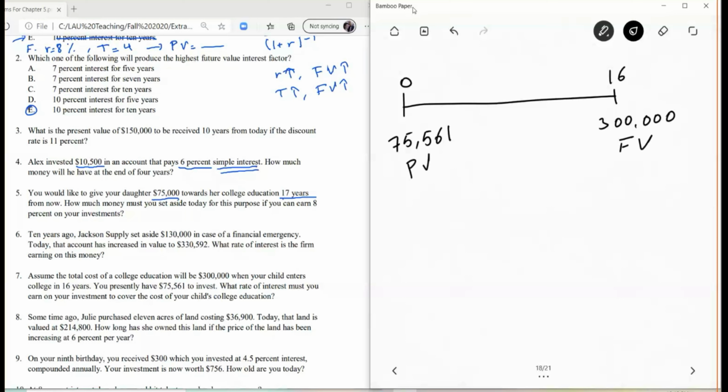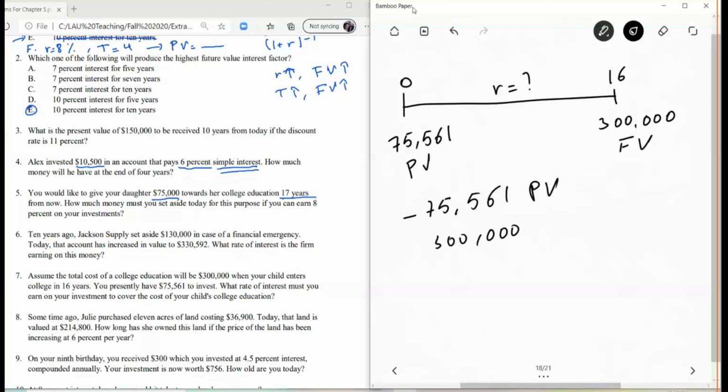So it's the same problem as number 6. I have N equal to 16, and I need to compute R. In this case, minus 75,561 is PV, 300,000 is FV, 16 is N. I compute IY and the answer is 9%.